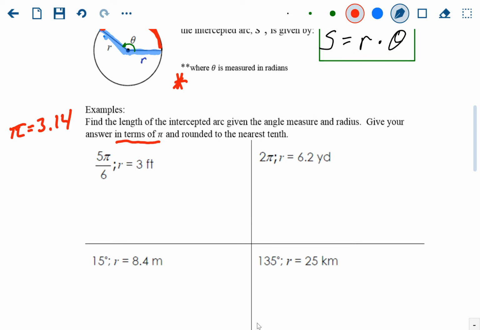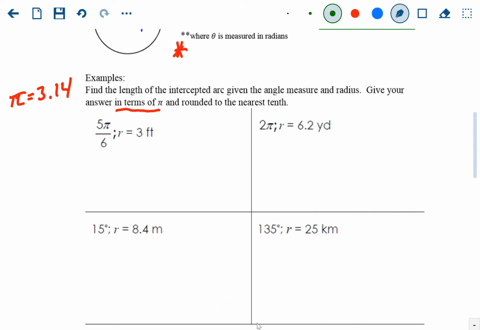All right. So this first one, we're given a radian measure of 5 pi over 6, and we're given an r value of 3. Okay. So again, if we want to find the arc length of those two measures, 5 pi over 6 is going to be roughly that angle.